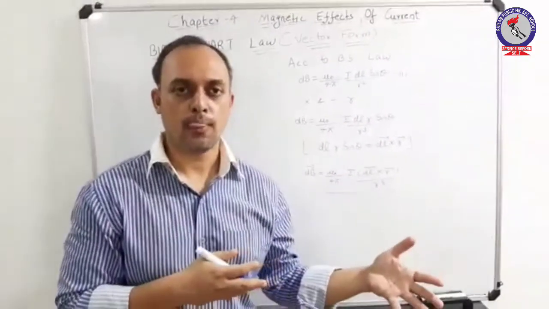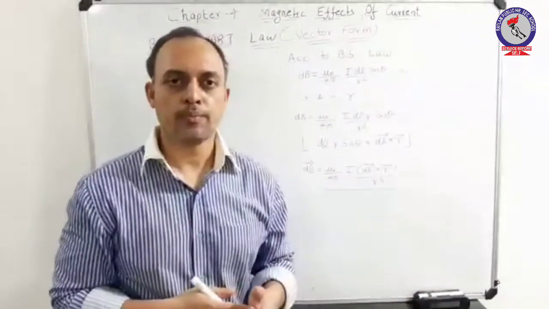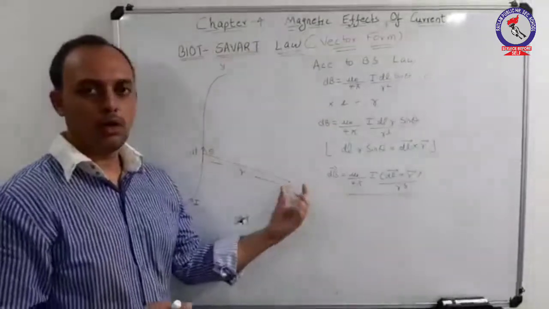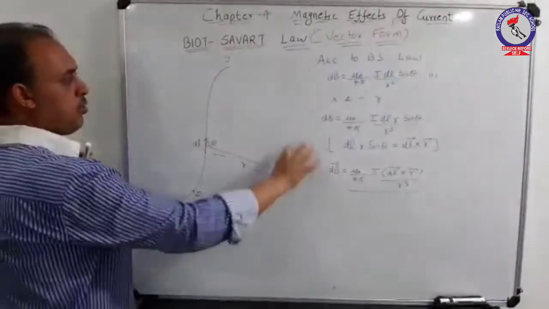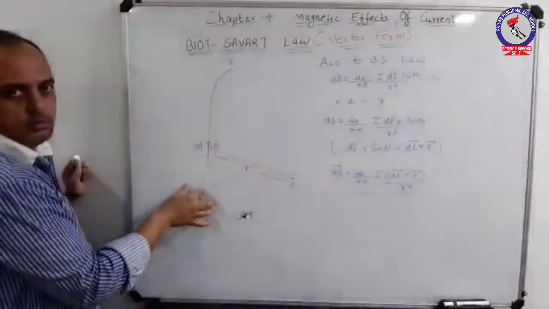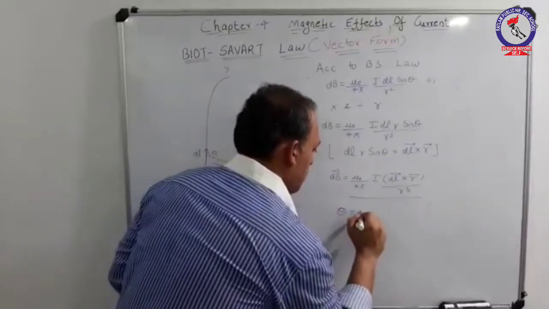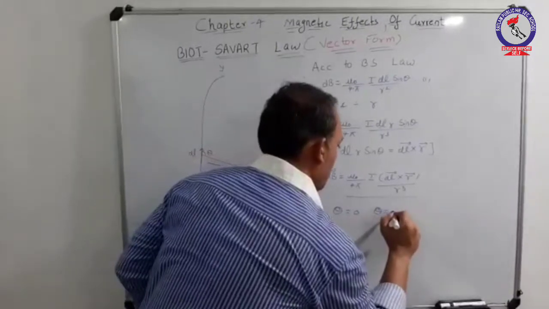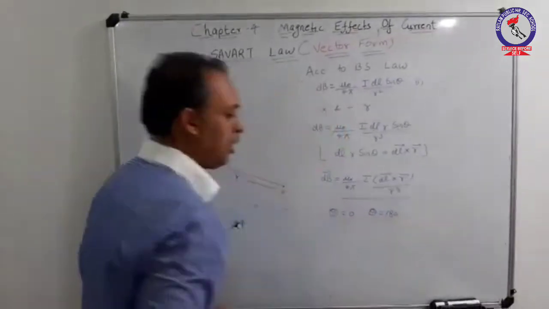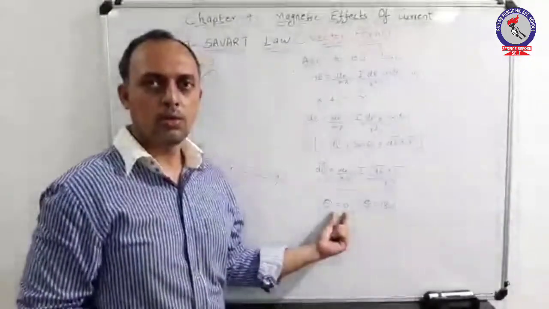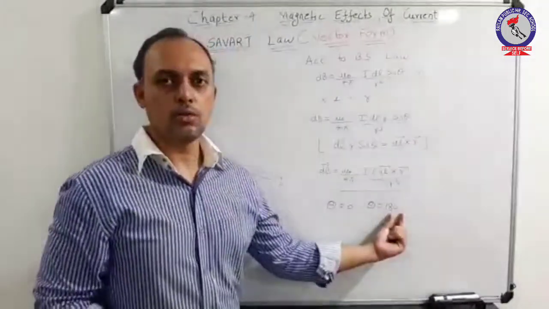There is another important point: at any instant, if you shift the point which you are taking here onto the conductor, in that case theta will be either 0 or 180 degrees, as sine 0 is 0 and sine 180 is also 0.